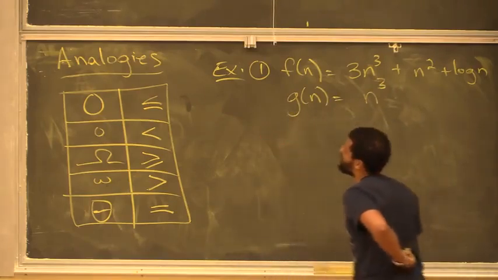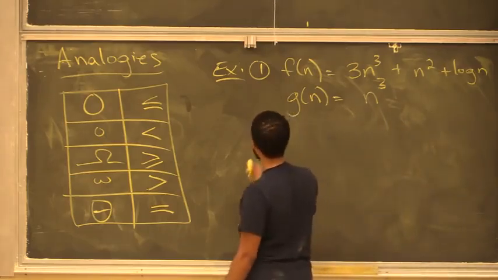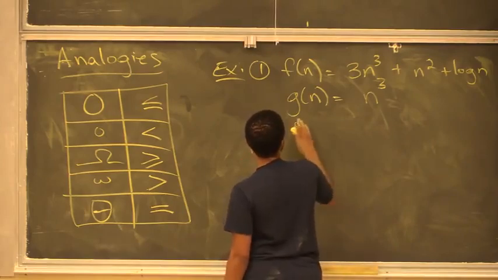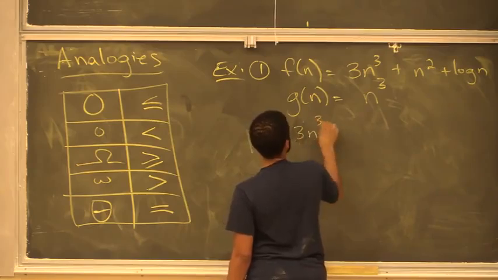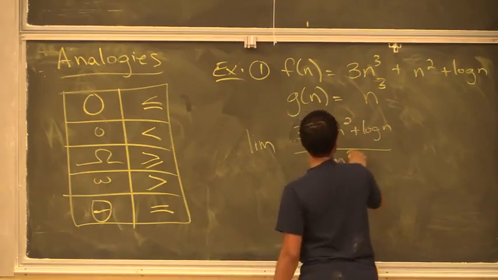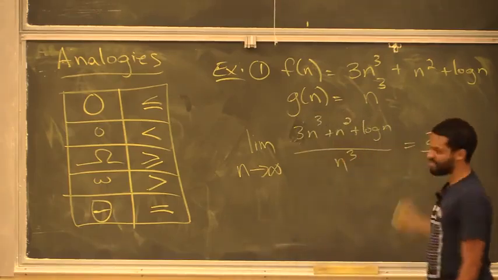Well, we could look at the limit of f of n, which is 3n cubed plus n squared plus log n, over n cubed, as n goes to infinity. It's equal to 3, right?